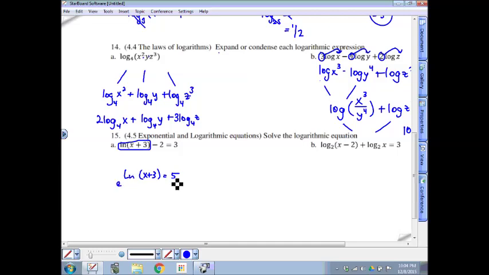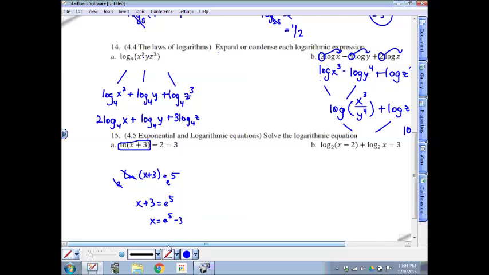Now we can cancel the natural log by using a base of e on both sides. And then subtract the 3. So this is the exact answer, e to the 5th minus 3.